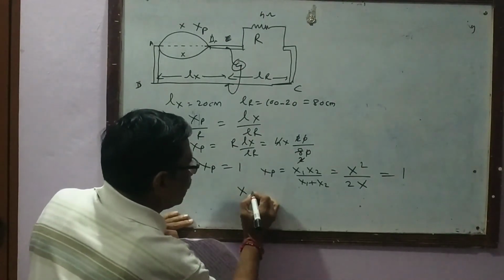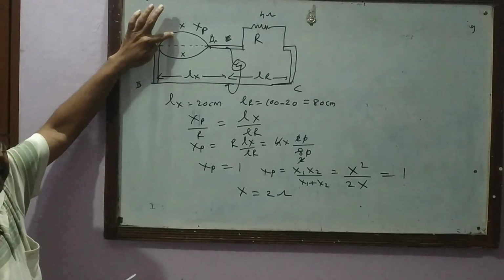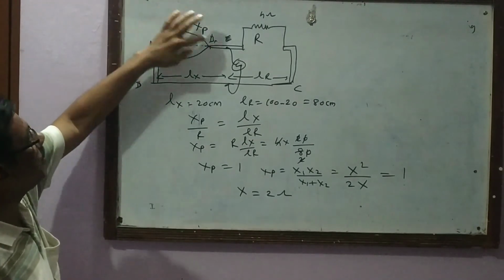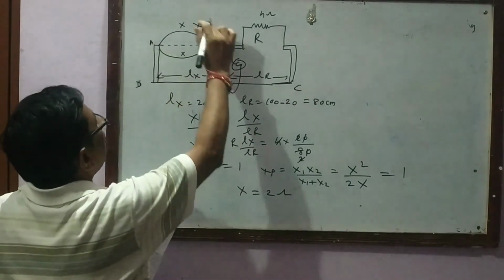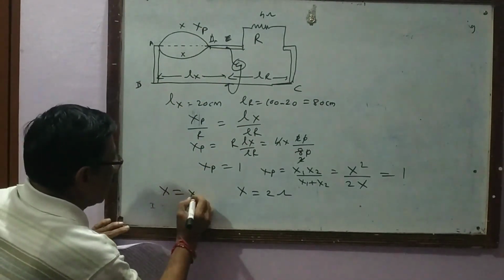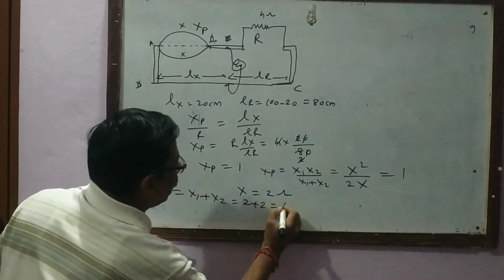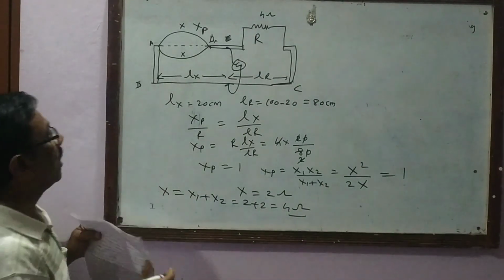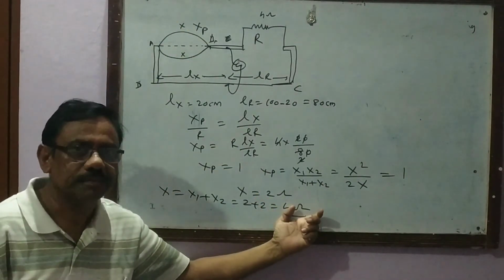Therefore X is equal to 2 ohm, so one half has resistance 2 ohm, and the total resistance of this circular bangle is X1 plus X2, that is 2 plus 2, equal to 4 ohm. The resistance of this circular bangle will be 4 ohm.